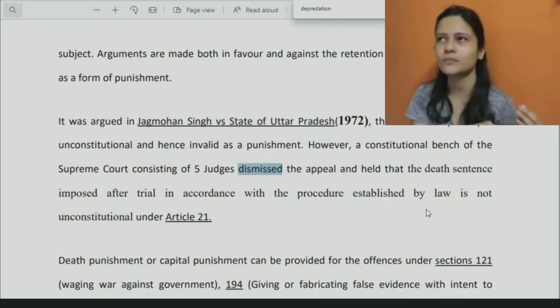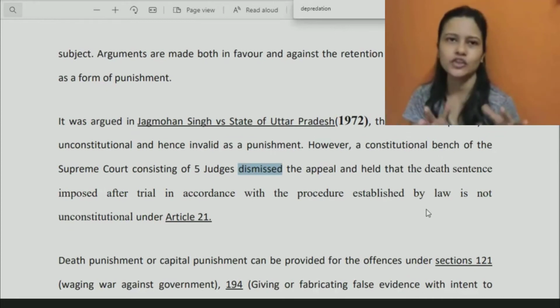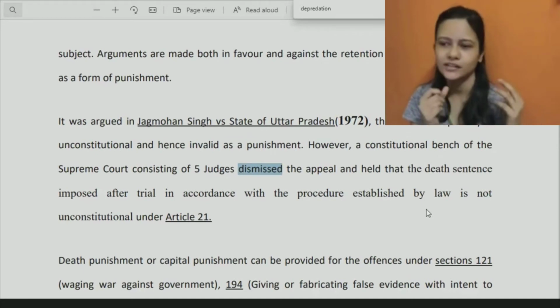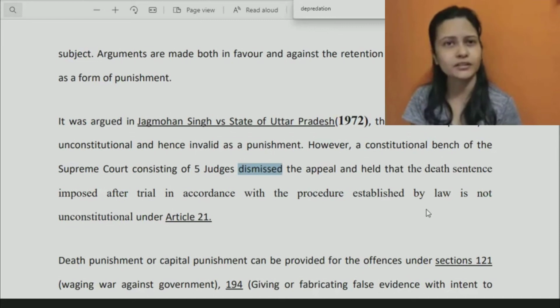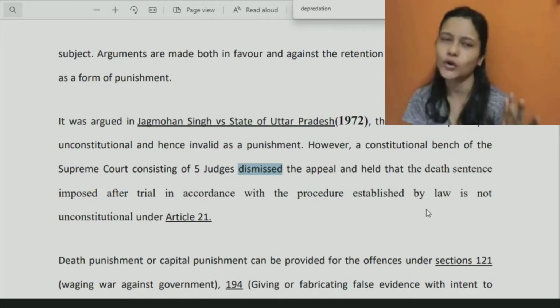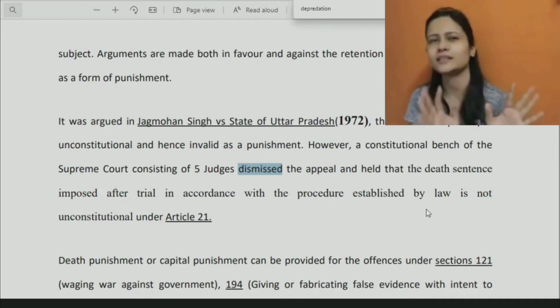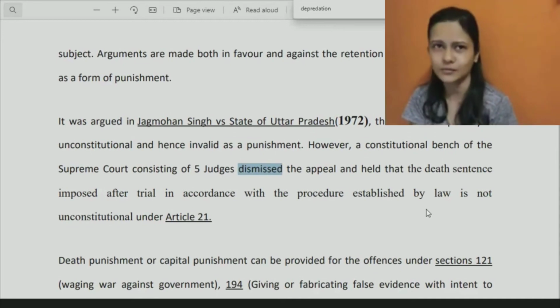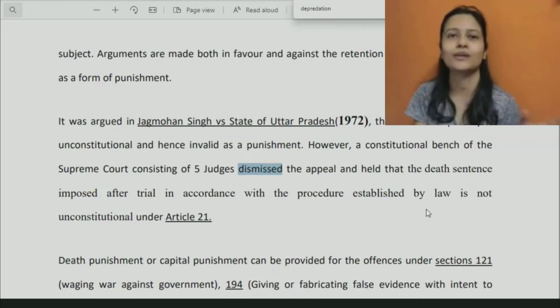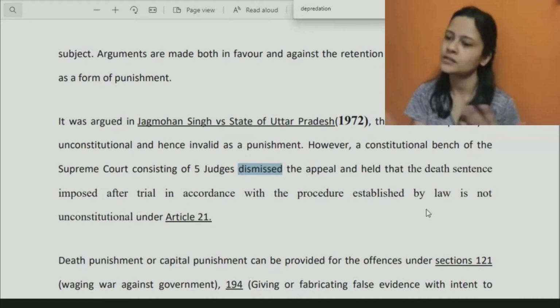Dismissed means maybe at the start of the case, or in between, it just ended abruptly. Judges felt that this was not of enough importance, it's not making a proper case, or maybe the parties approached the wrong court. So the court will basically say that this matter is dismissed. We are not going through all these stages of trial because we don't think it makes sense. Same happened here also.